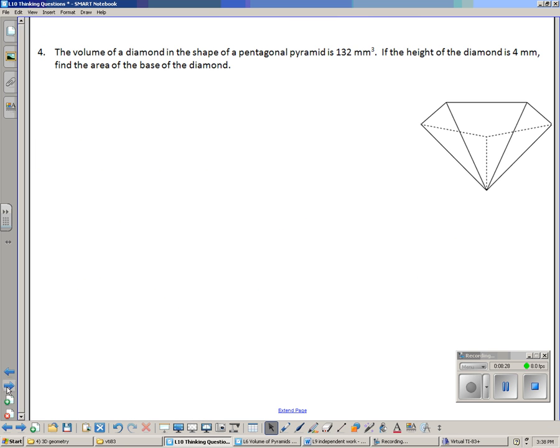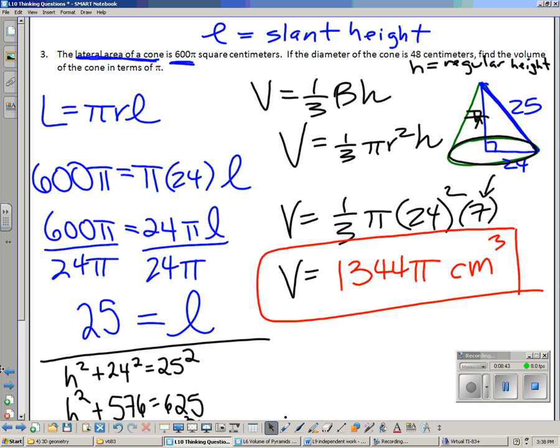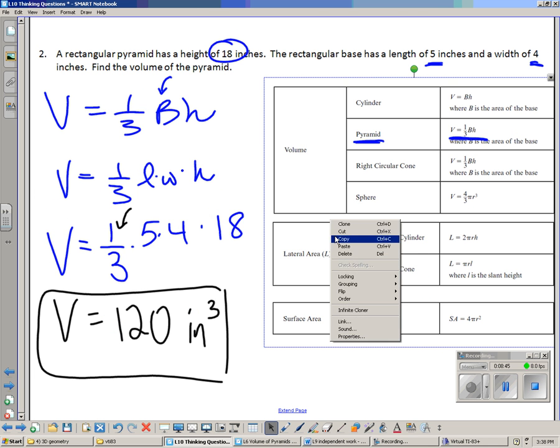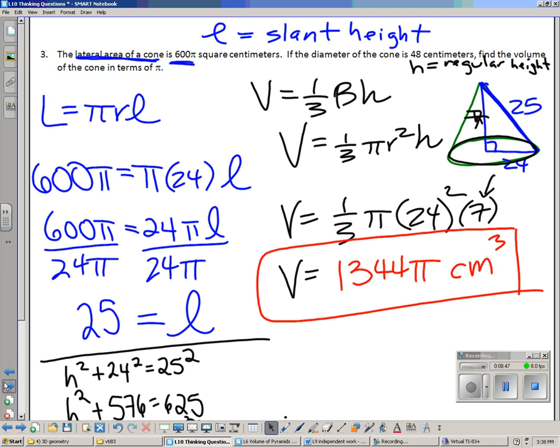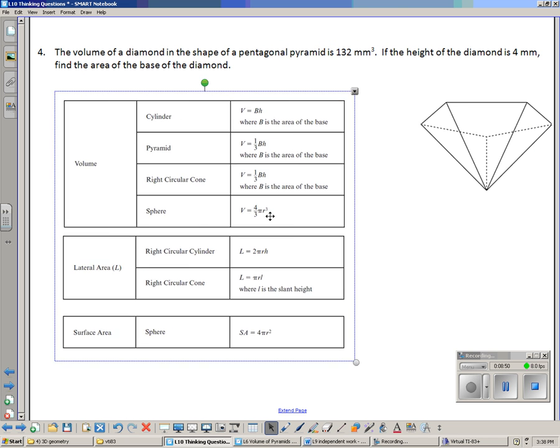All right, number 4. It says the volume of a diamond in the shape of a pentagonal pyramid is 132 cubic millimeters. If the height of the diamond is 4 millimeters, find the area of the base of the diamond. Again, we really have to go back and look at our formula sheet. So I'm just going to go back and steal the formula sheet for a minute here. Here's the formula sheet.